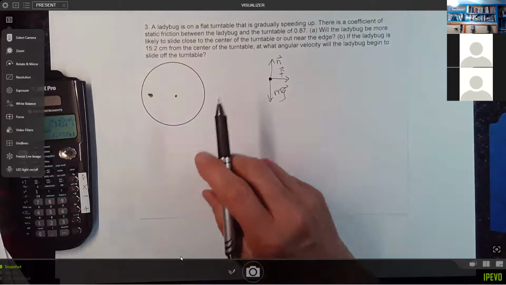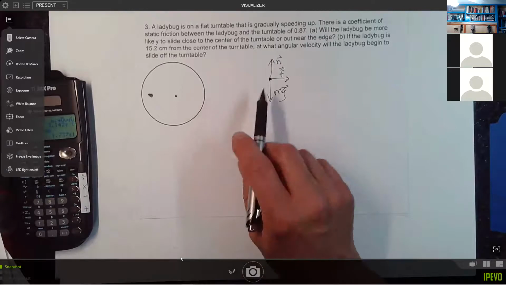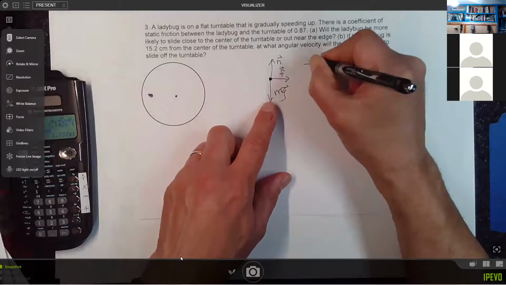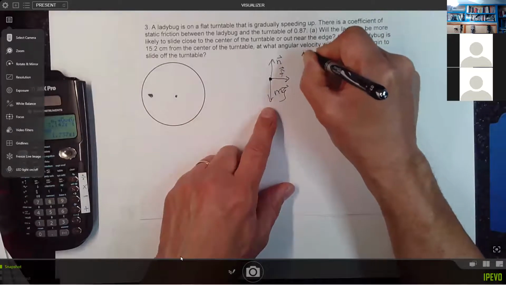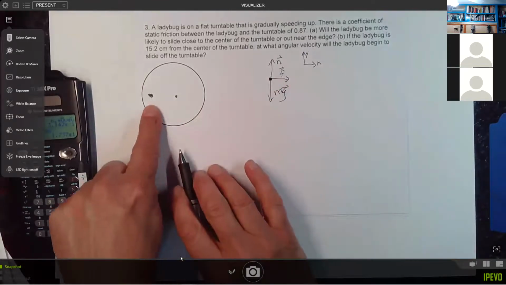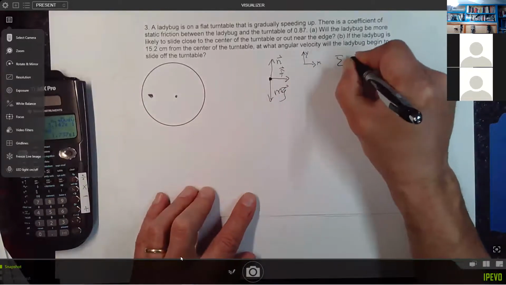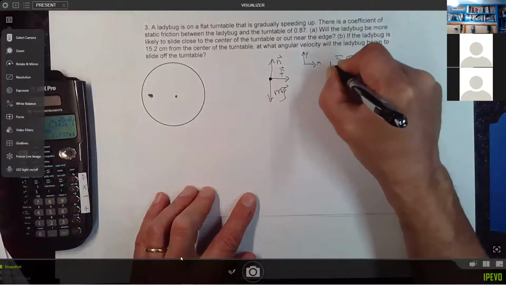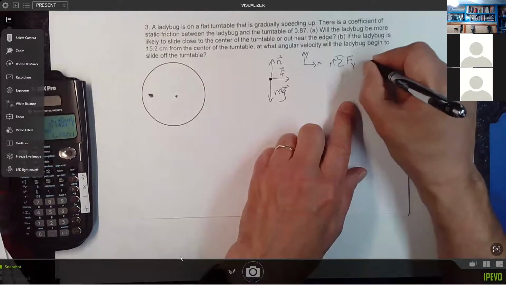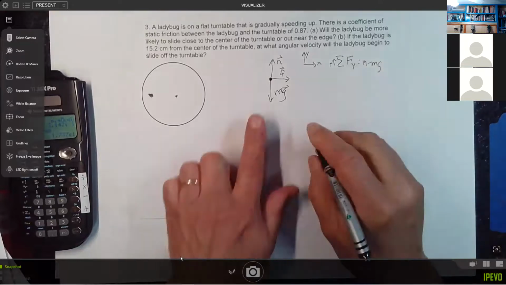Now, they don't give us the mass of the ladybug, but it's going to disappear for us, and I'll show you why. If I say that X is toward the center of the turntable and Y is perpendicular to the surface of it, and again, I'm using this viewpoint from the plane of the turntable, the sum of the forces in the Y direction, with positive being upwards, would just be N minus mg, and nothing happens in the Y direction.